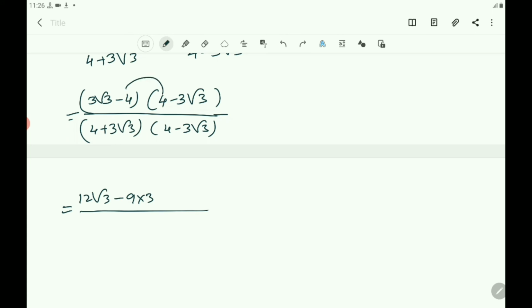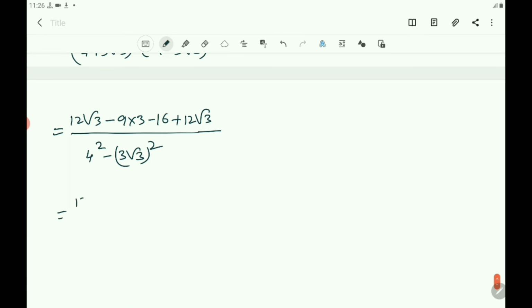Then again you multiply: minus 4 into 4 is minus 16, and minus into minus is plus 12 root 3. For the denominator, a plus b into a minus b is a square minus b square, that is 4 square minus 3 root 3 whole square.